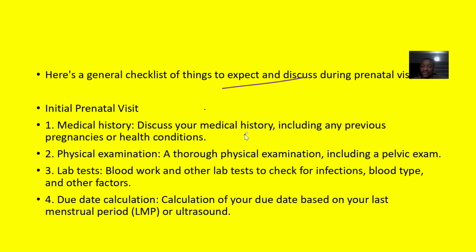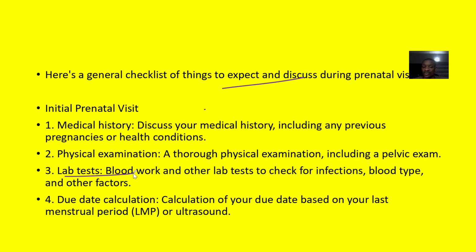So medical history should be discussed. If the woman has had any previous medical issues, it should always be discussed. Physical examination, so a thorough physical examination, you look at the woman's pelvis, all of that should always be examined.